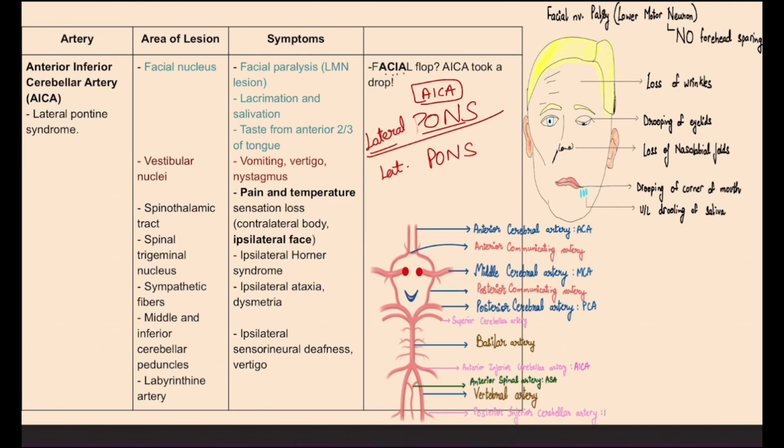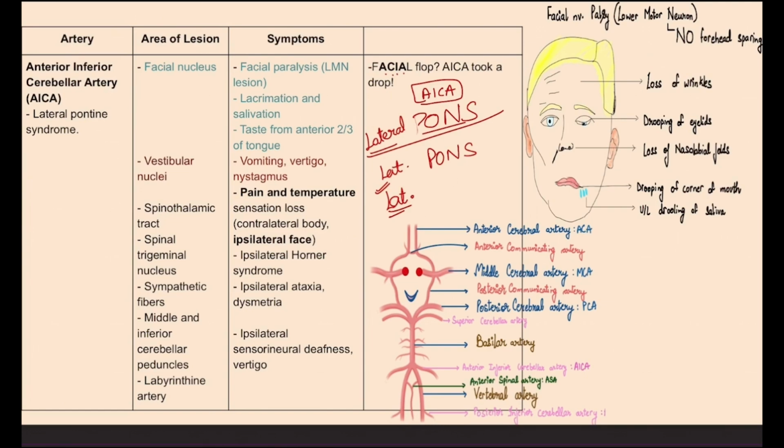What if they give you in the question that pain and temperature sensation of the contralateral body is affected? You immediately think, okay, that is carried by the spinothalamic tract, which starts with an S. It's a side structure, so you are dealing with something on the side or laterally. They could give you Horner syndrome. Sympathetic fibers, you are thinking. Again, starts with an S, to the side, and it is going to be lateral again.